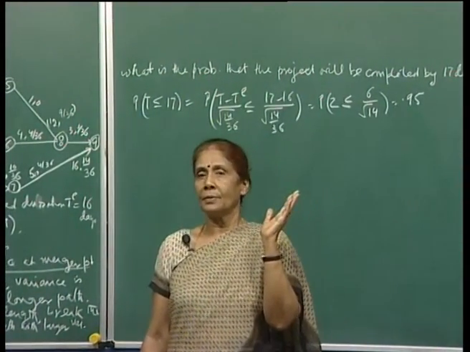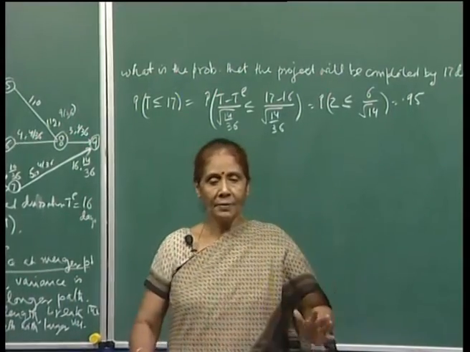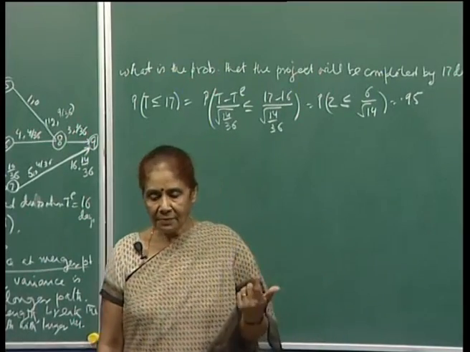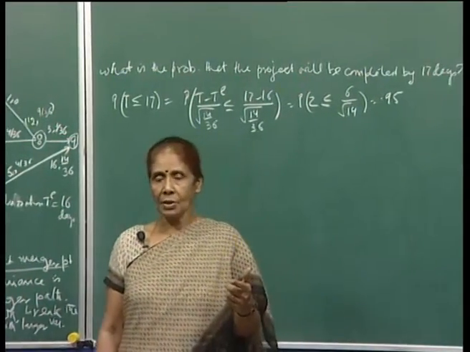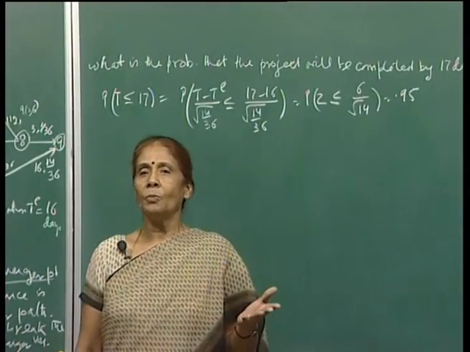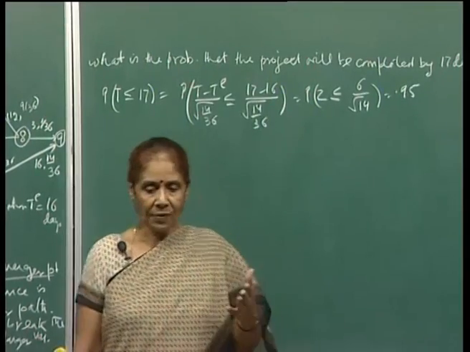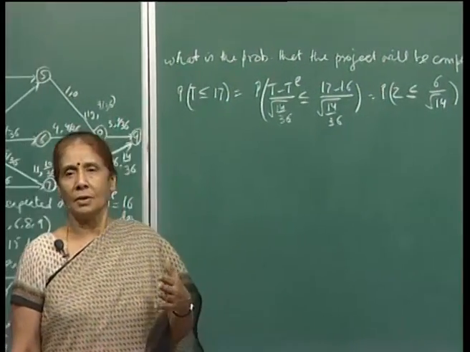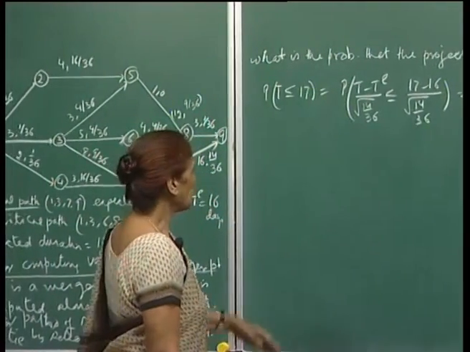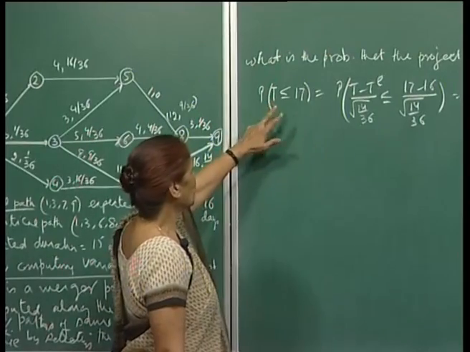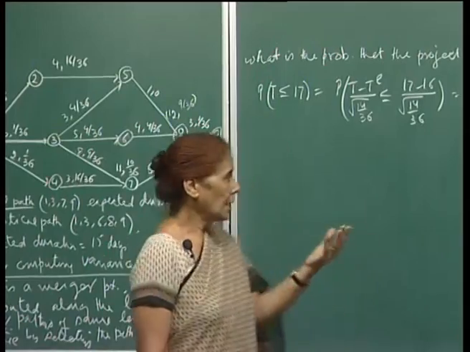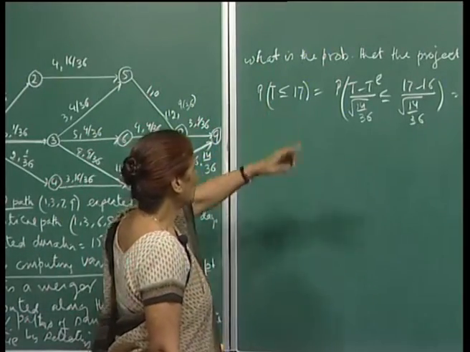The central limit theorem says that if you have a large number of independent random variables having the same kind of distribution, then their sum will approximately behave like a normal distribution. Here, T is the random variable which denotes the completion of the project, computed along the critical path.